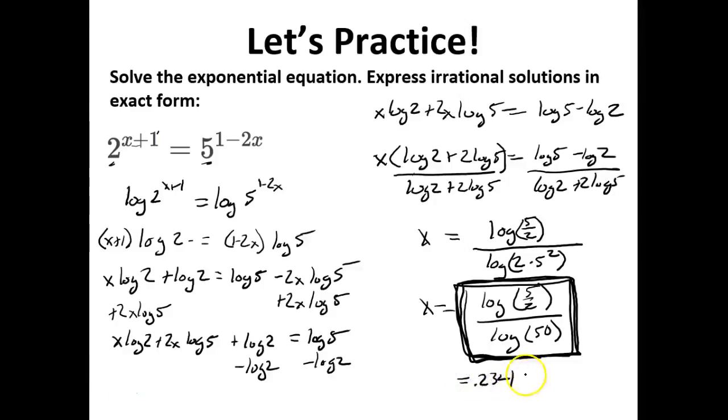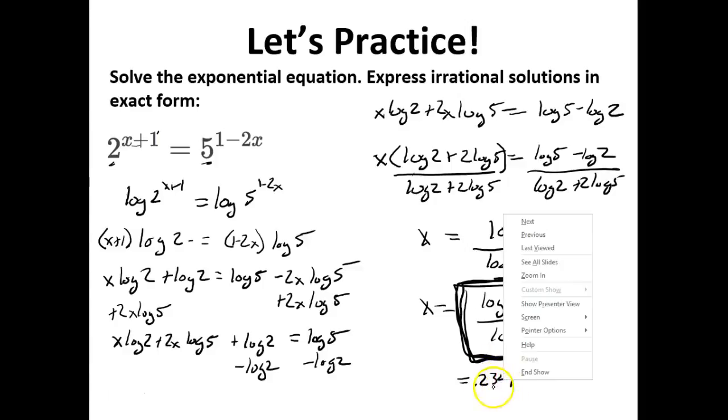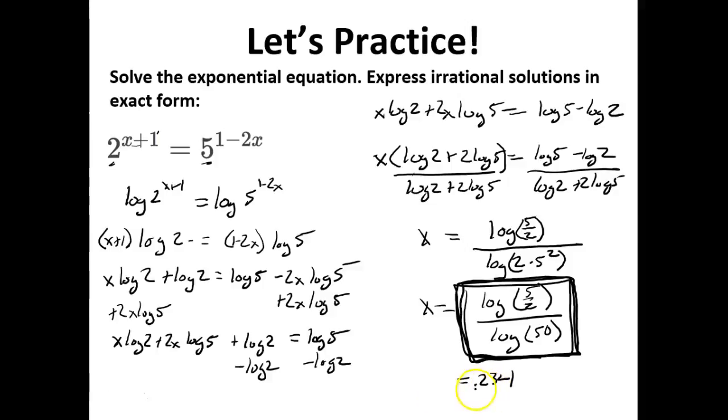If you had to give the decimal approximation, you will on a few assignments in your homework, you have to use your calculator to do that. I don't know a different way to get to it, but if you have to do a decimal approximation, that type of question wouldn't be on the test.